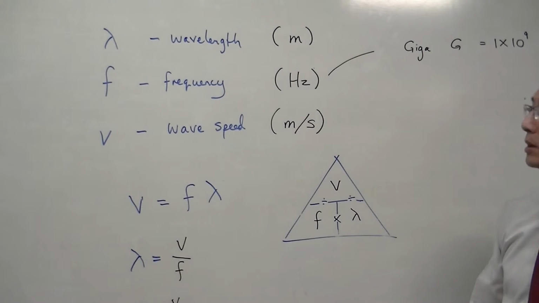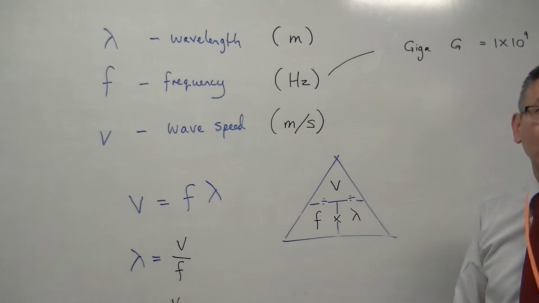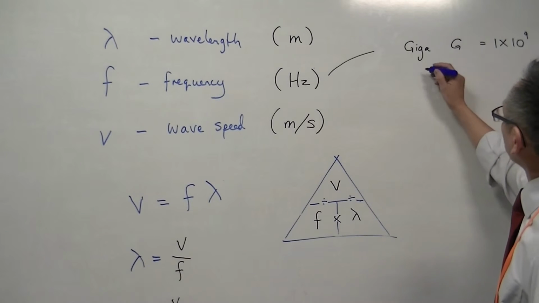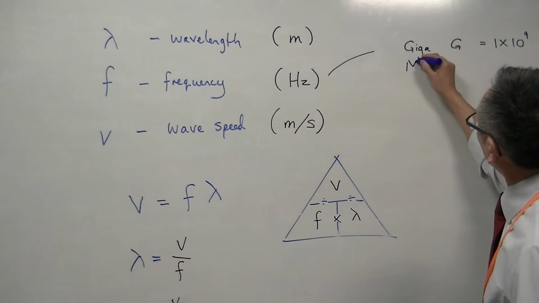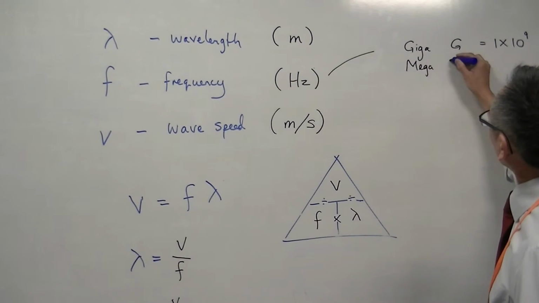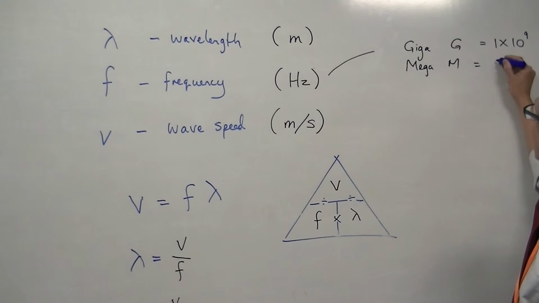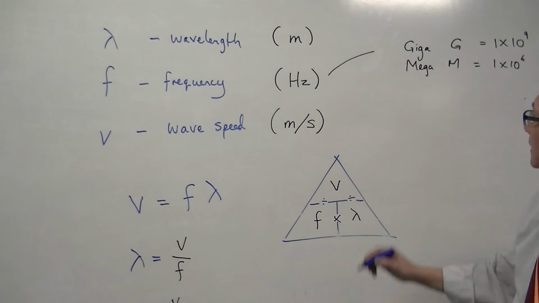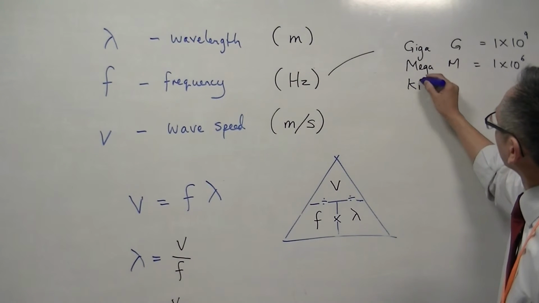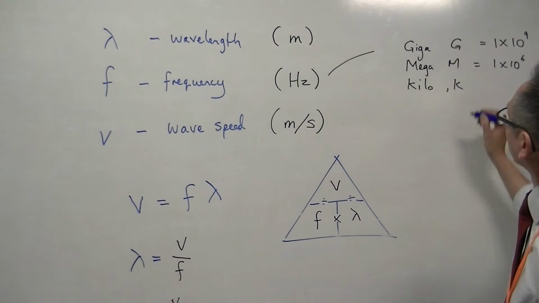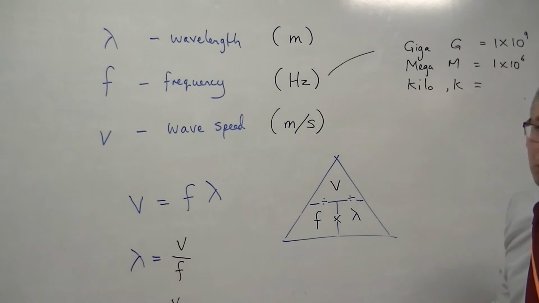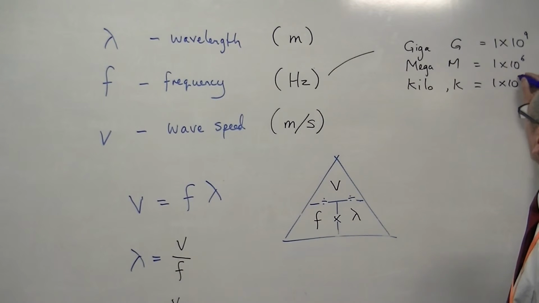That's 1 with 9 zeros after it. You might be given mega or capital M, such as megahertz, MHz. That is a million, or in standard form, 1 times 10 to the 6. And then the other one is kilo, or k. And that is 1,000, which in standard form is 1 times 10 to the 3.